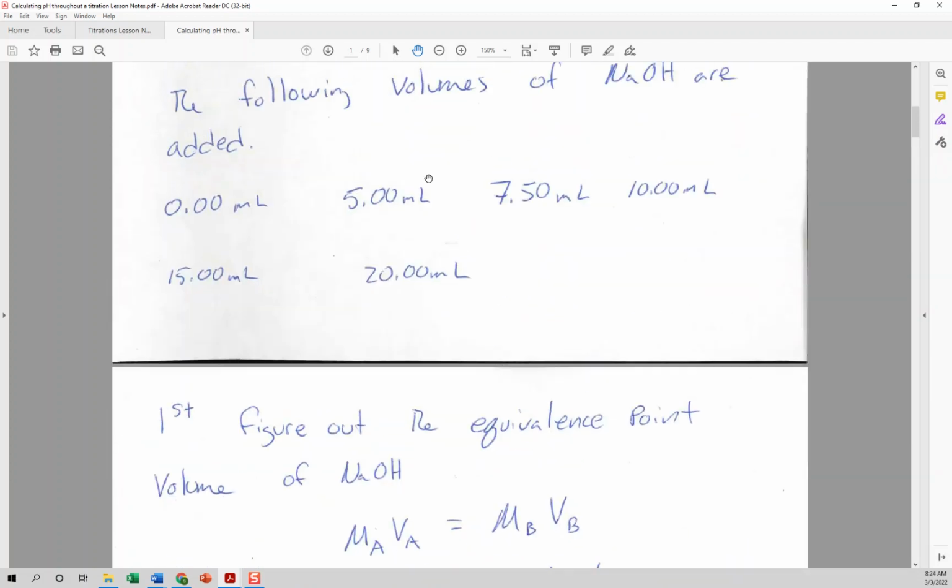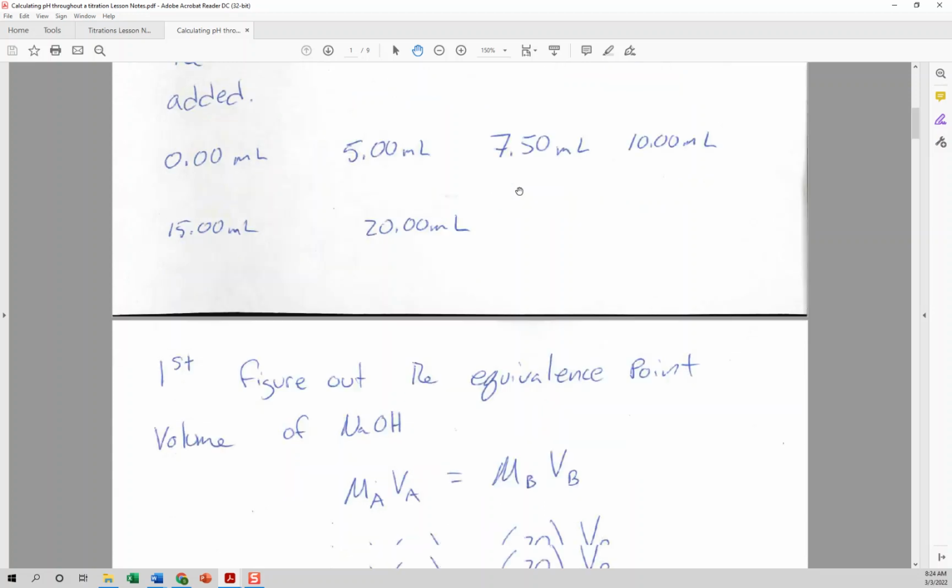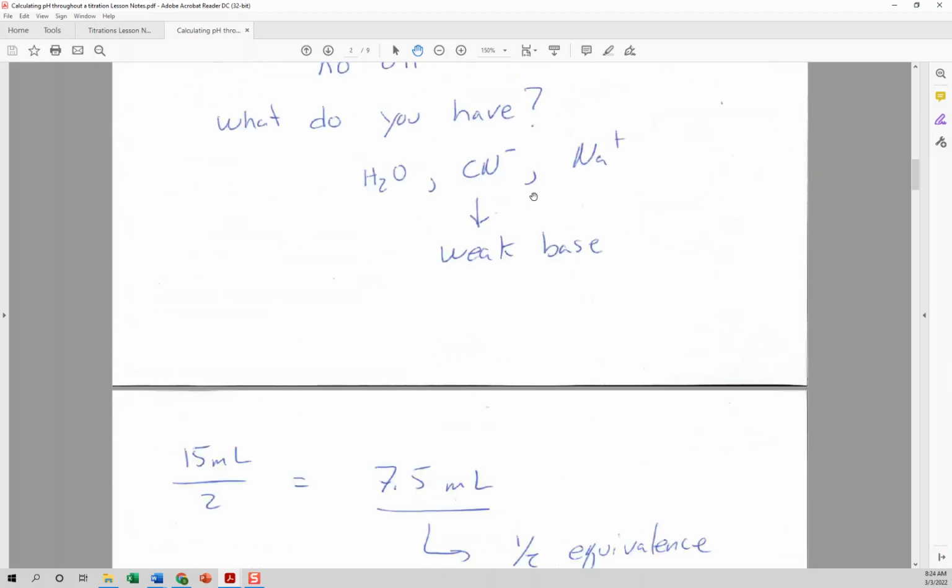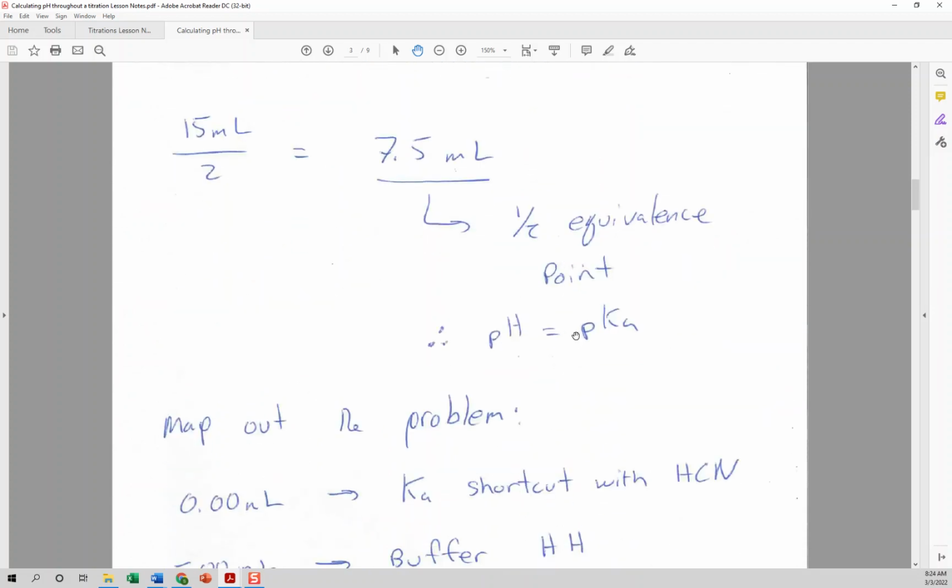So again, if we look at all of our volumes, that's the equivalence point. At the half equivalence point, 7.5 milliliters, all I have to do is take the negative log of the Ka, which I was given, okay? And the reason why this is true is because at the half equivalence point, the moles of HCN in the flask is going to equal the moles of CN minus, so you have a buffer system with equal amounts of your buffer components, so pH equals pKa, all right?